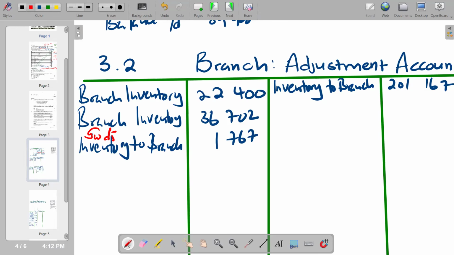So with that, we can now try to balance our branch adjustment account, whereby we check the figure that we have.